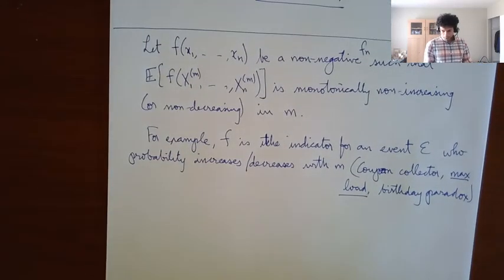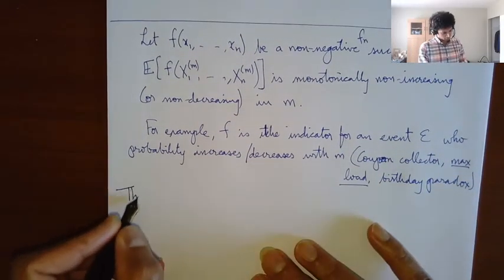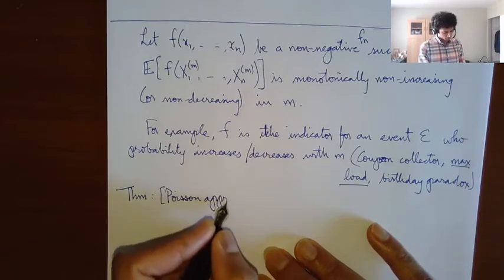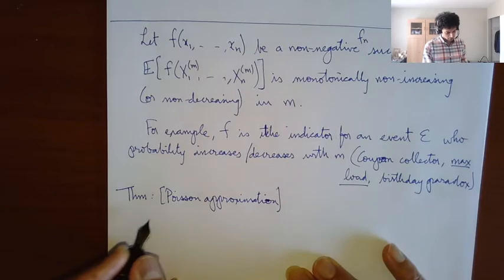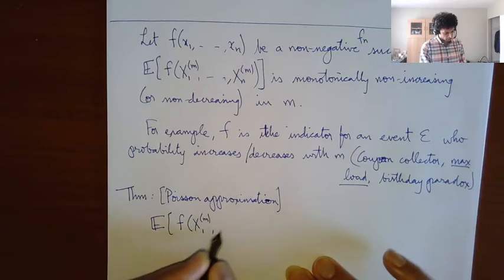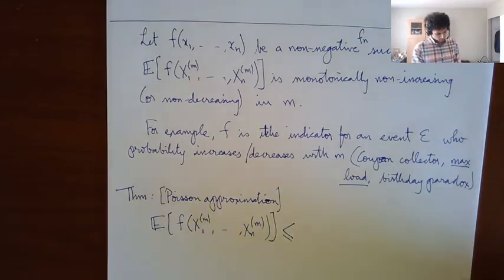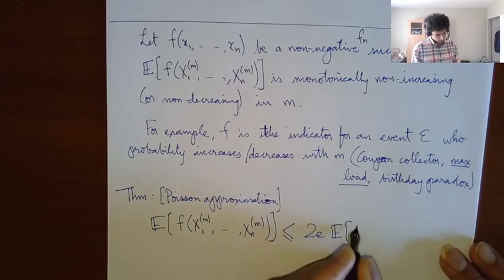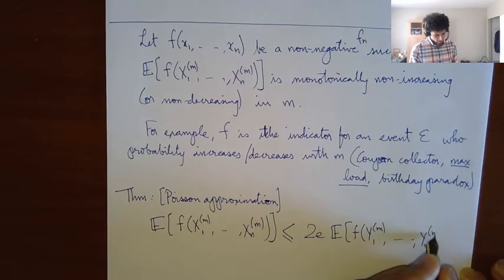And now I'm going to show you what, on the face of it, is an immensely powerful theorem. This is a stronger version of the Poisson approximation. The Poisson approximation says that the expected value of f of x1^m up to xn^m is at most 2e times the expectation of f of y1^m to yn^m.